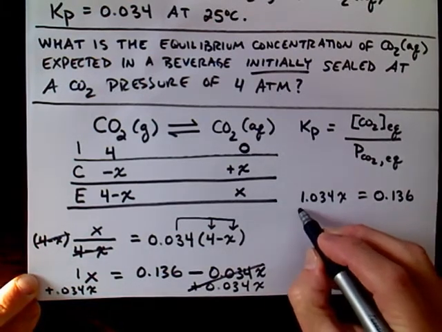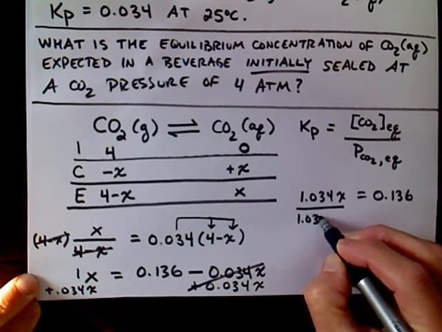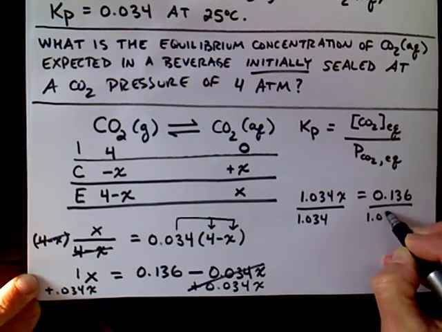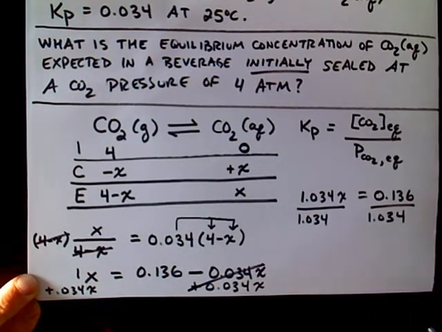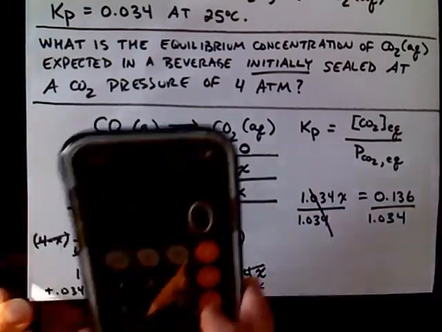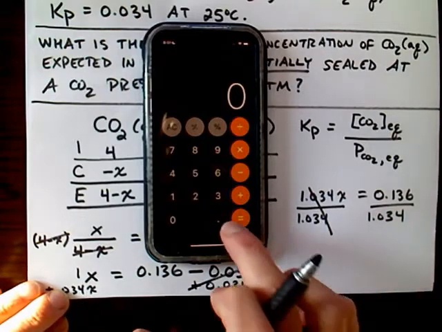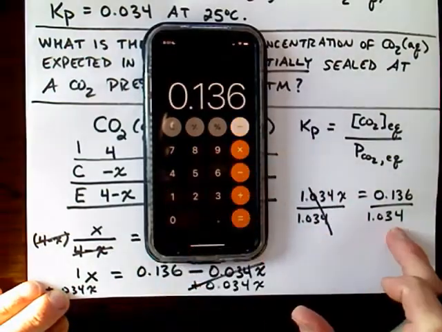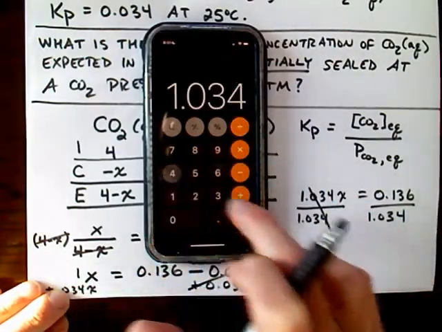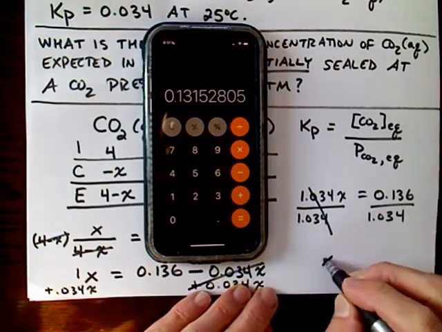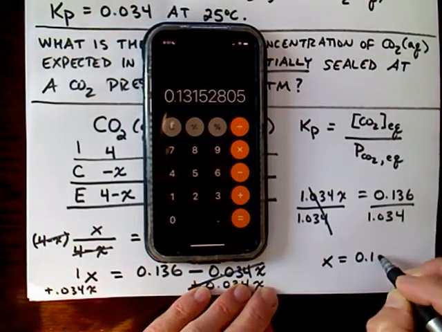We divide both sides of our equation by 1.034. That cancels, and X is going to be equal to 0.136 divided by 1.034. So X is 0.13.